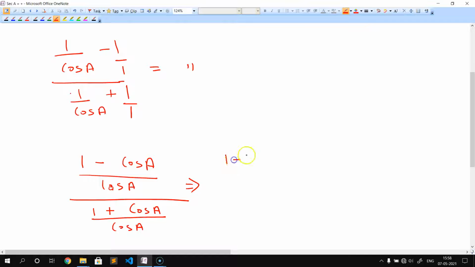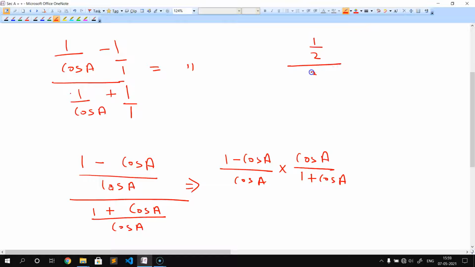So this can be written as (1 minus cos a) upon cos a multiplied by cos a upon (1 plus cos a). It's a basic formula. If something is written like this, we can write it in this form: 1 upon 2 multiplied by 4 upon 3.